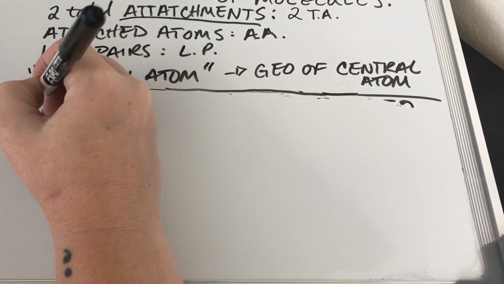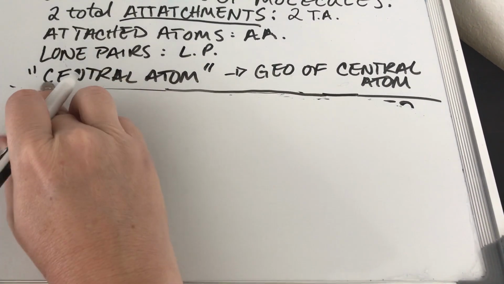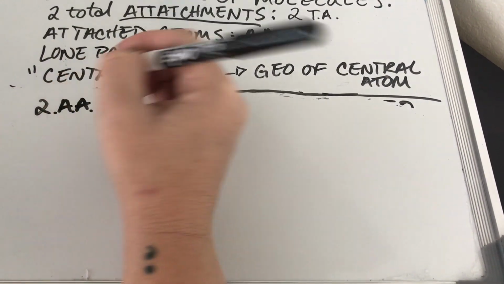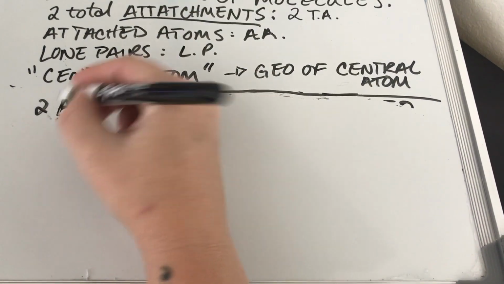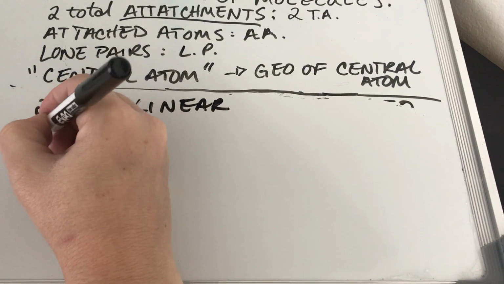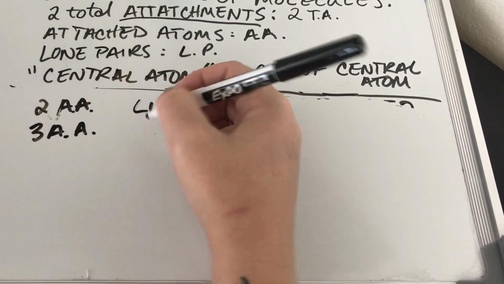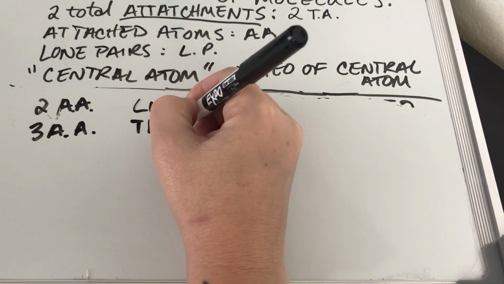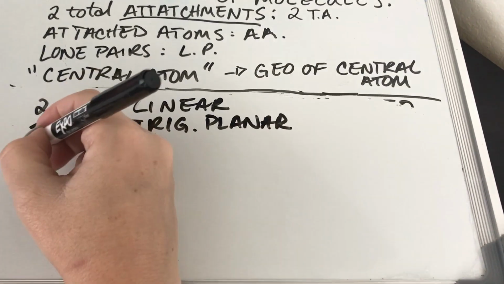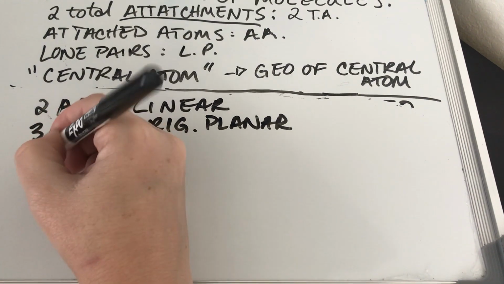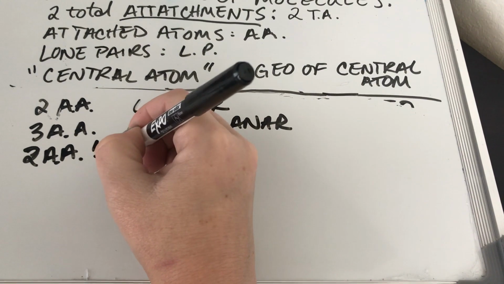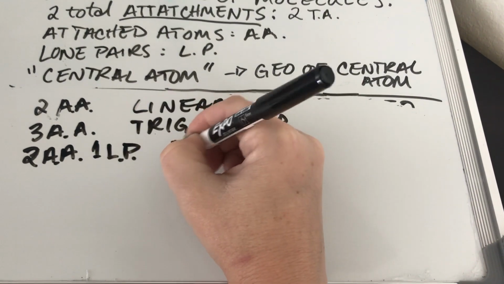So if we have two attached atoms, that's going to be linear. Three attached atoms, trigonal planar. Two attached atoms, one lone pair, it's going to be bent.